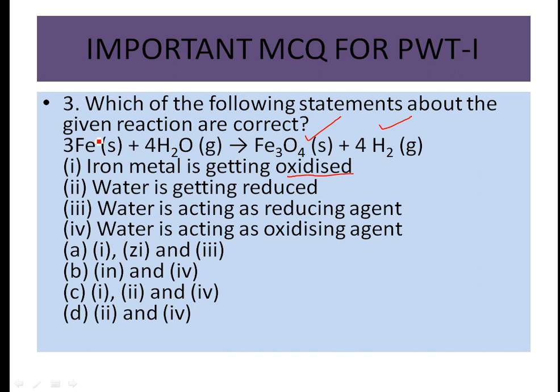You can observe that this is iron and it is converting into this oxide. You are observing that iron is getting oxygen. In oxidation, the element gets oxygen. So the first statement is correct.